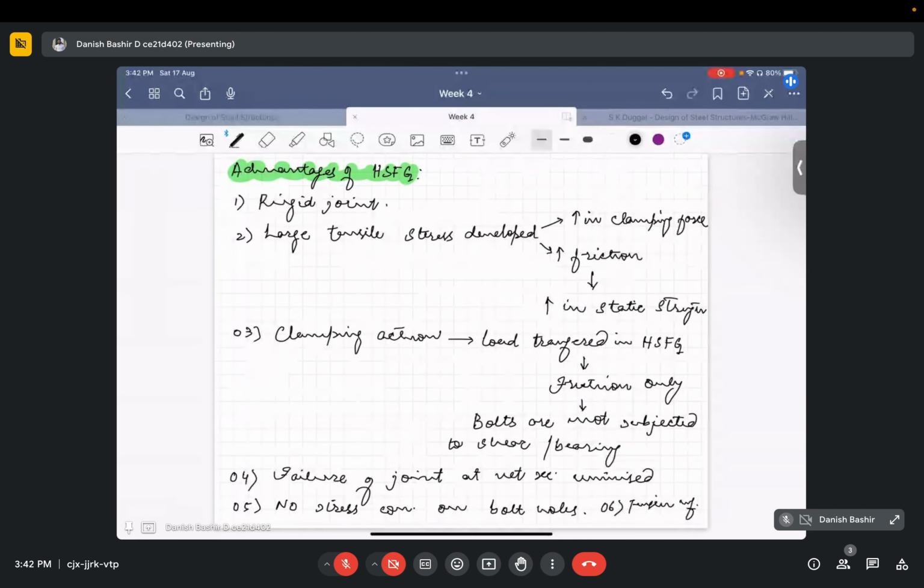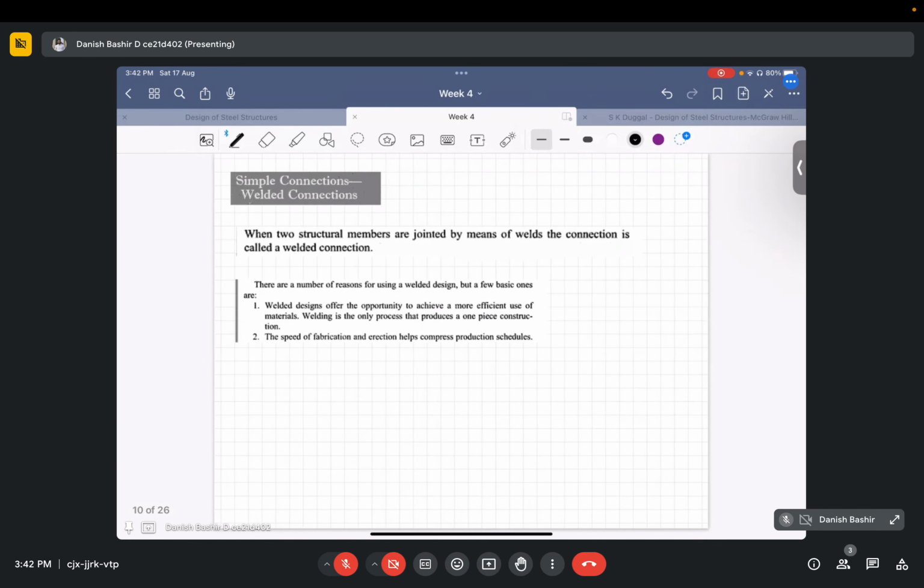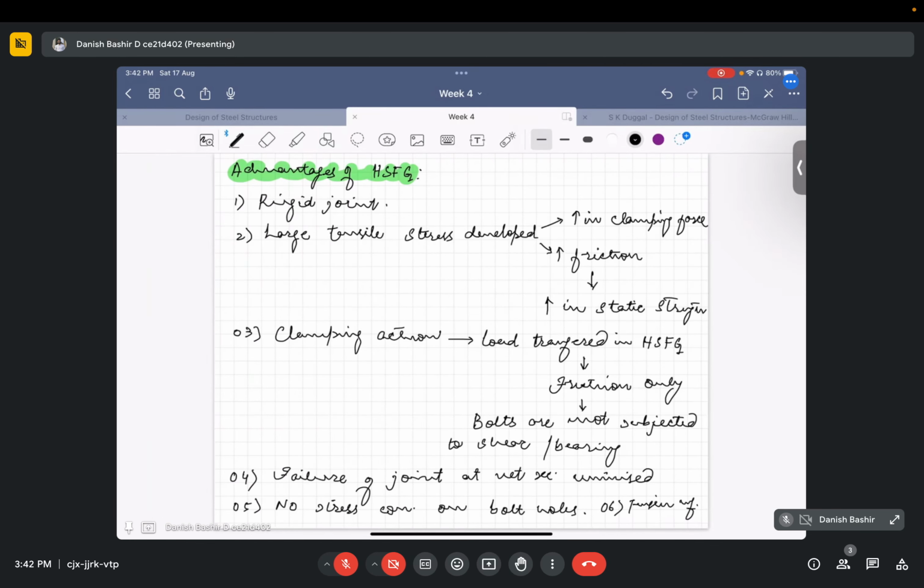So I will move forward. This was everything we can study in these bolted connections.